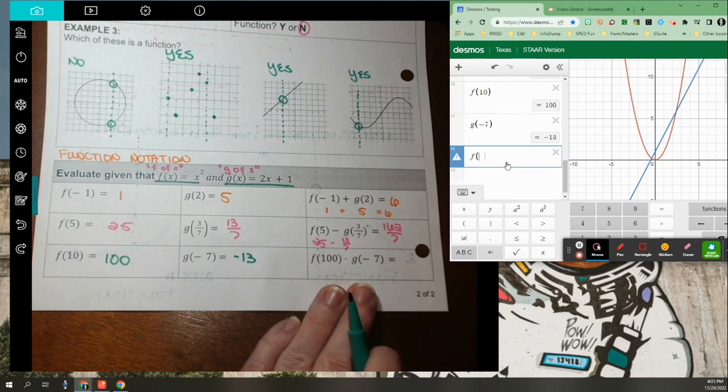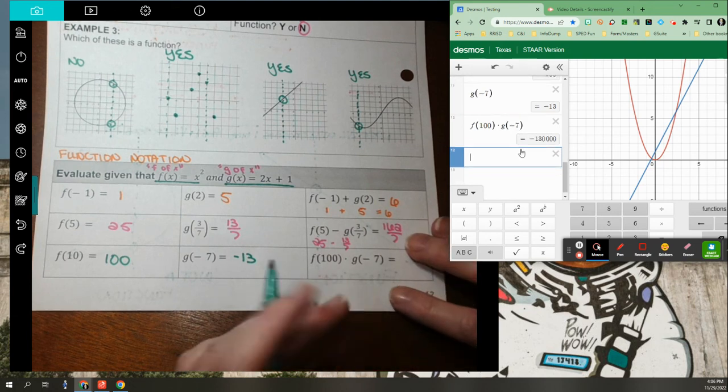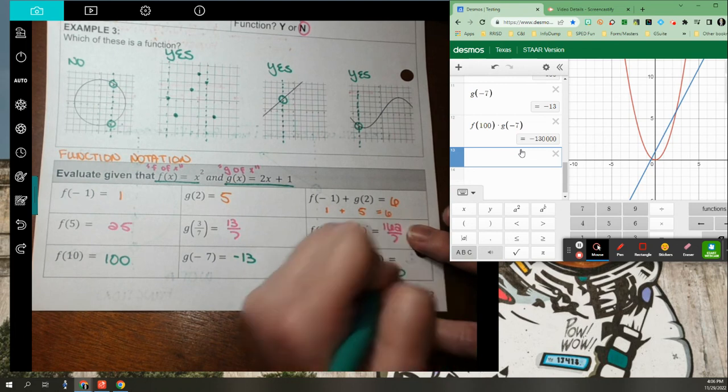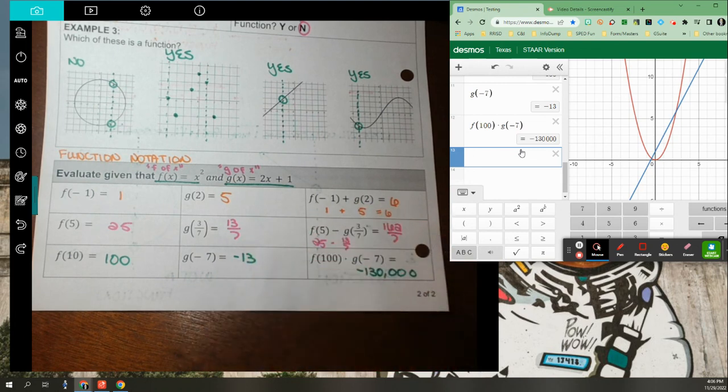So f of 100 times, you can either do shift 8 or you can do your times over here, times g of negative 7. Okay, and that is negative 130,000.